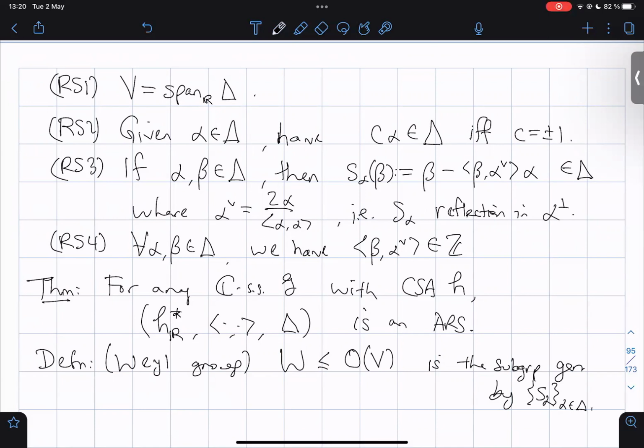So this Weyl group is going to be a finite reflection group. We know that the Weyl group that we defined previously via normalizer mod centralizer is going to be of this form.